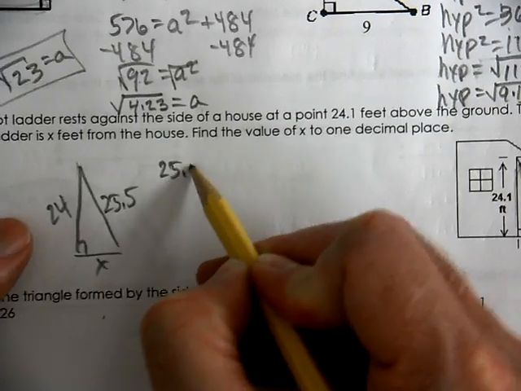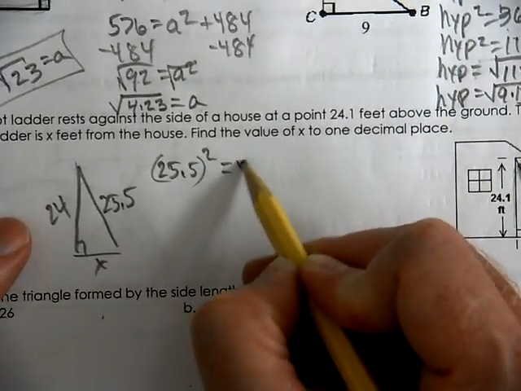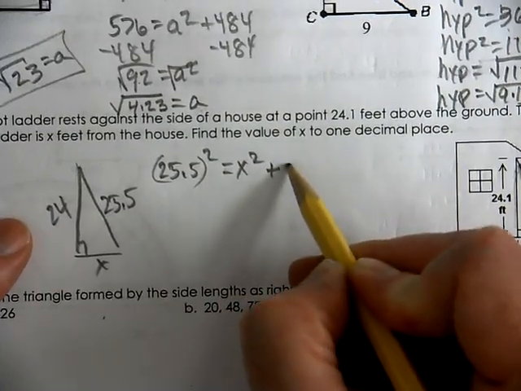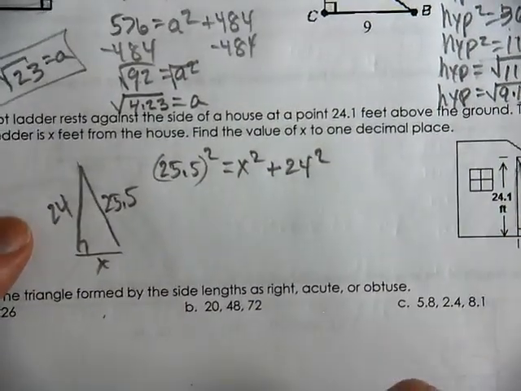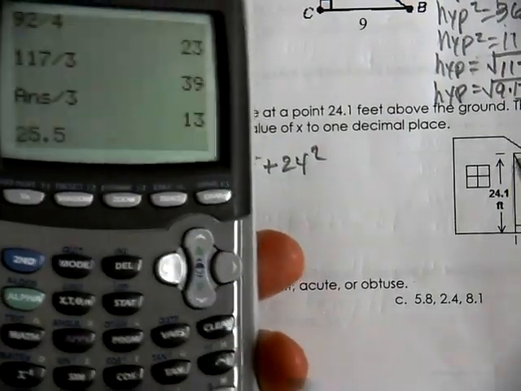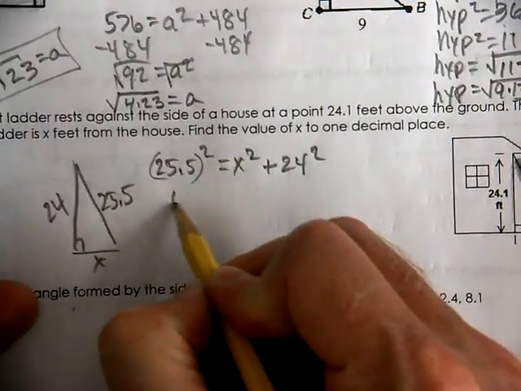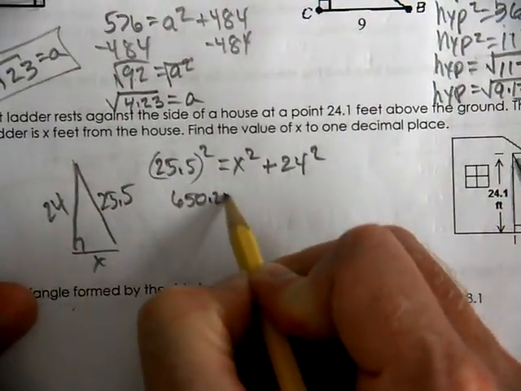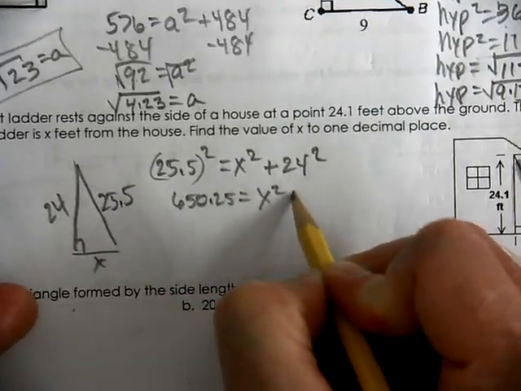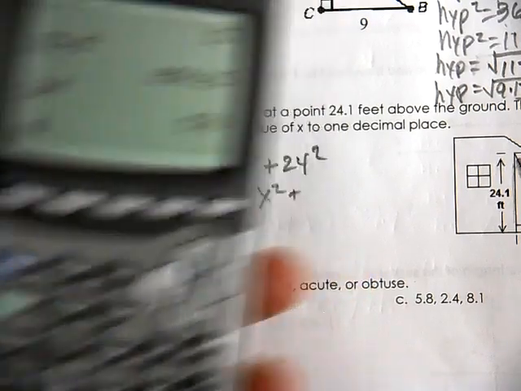So we have the hypotenuse squared equals the leg squared plus leg squared. So 25.5 squared gives us 650.25. 24 squared is 576.